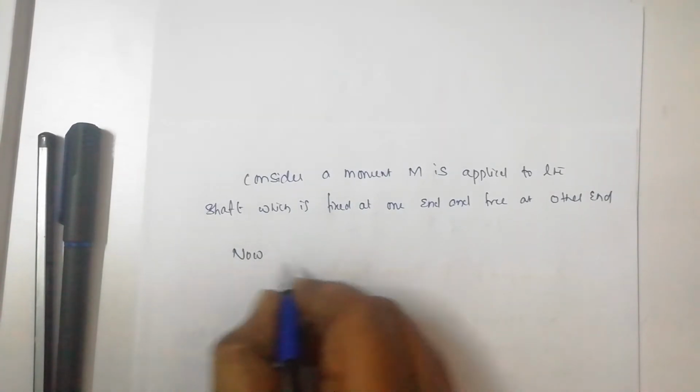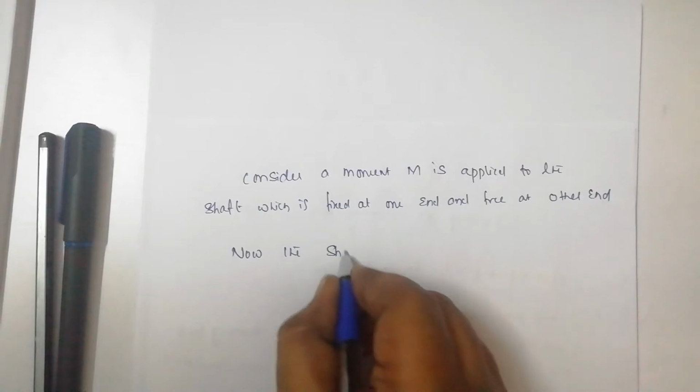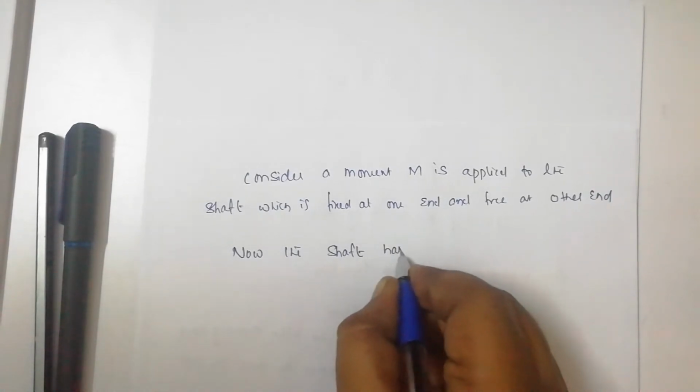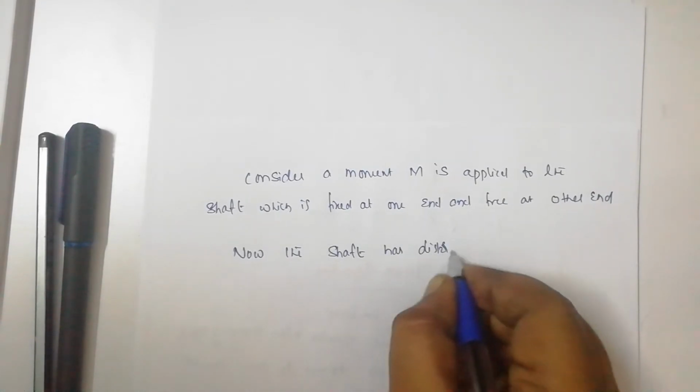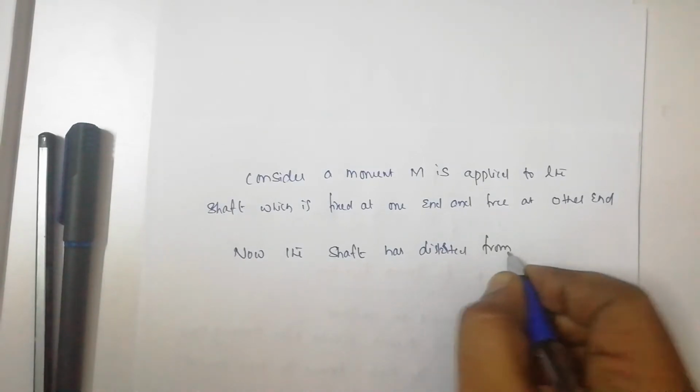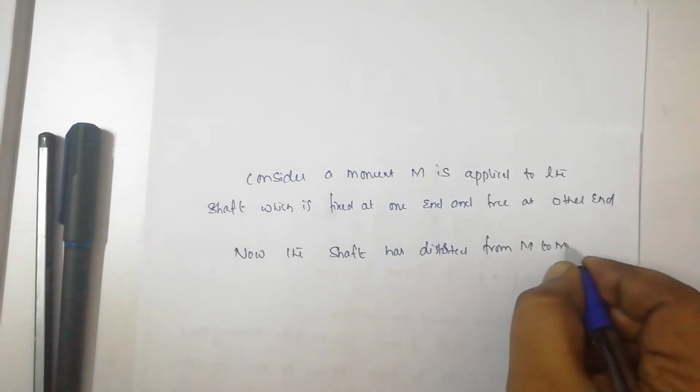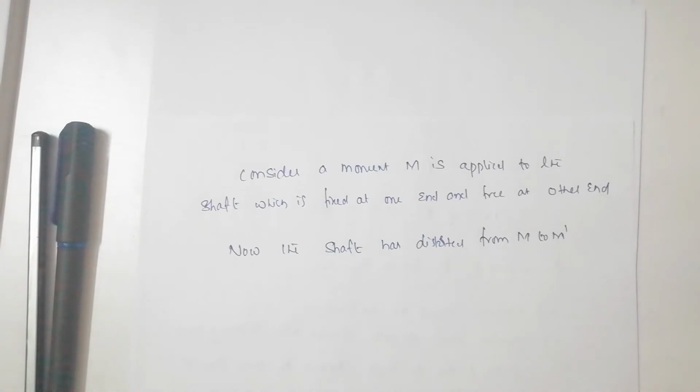Now, the shaft has distorted from M to M dash; you can take it as C to C dash or A to A dash, no problem.